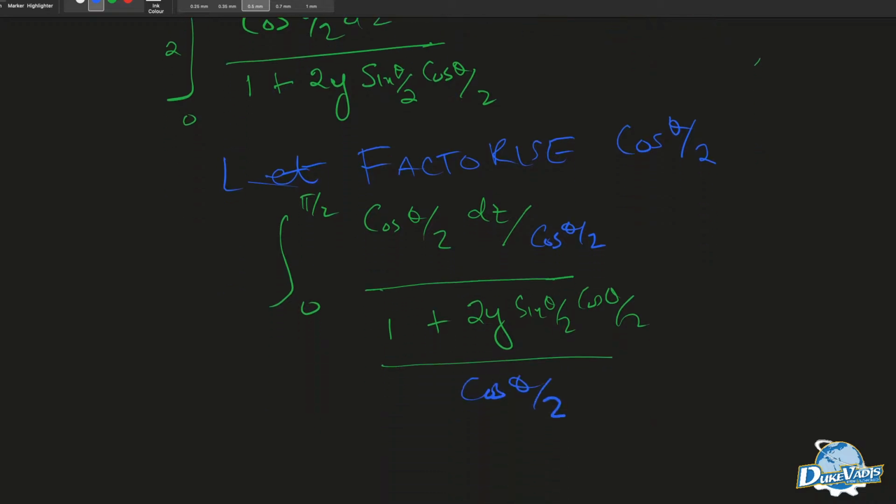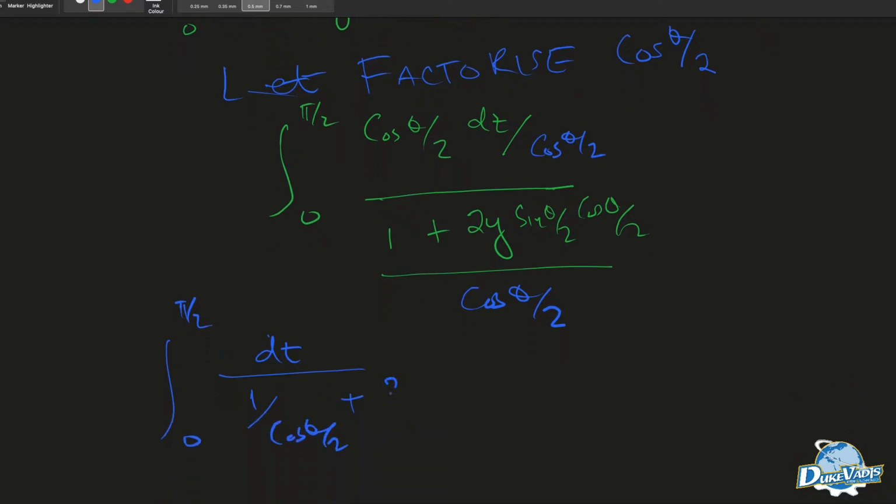When we do that, we are going to get pi on 2, from 0 to 1, which is dz, over 1 cos theta over 2 plus 2y, sine theta over 2 divided by cos theta over 2.